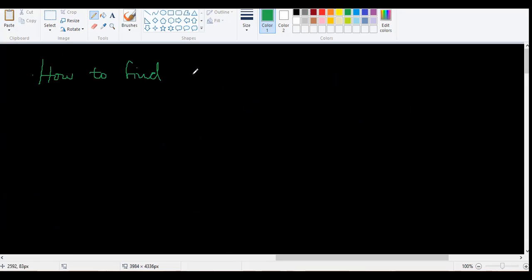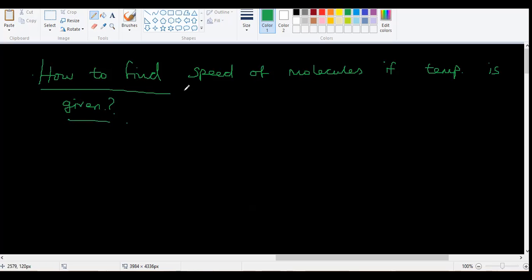How to find the speed of molecules if temperature is given. So very often, somewhere in your numericals, this will be useful.